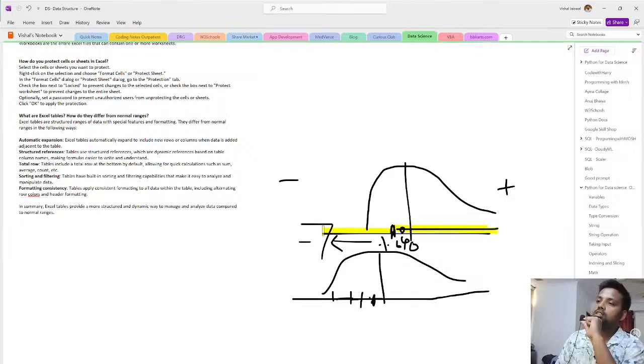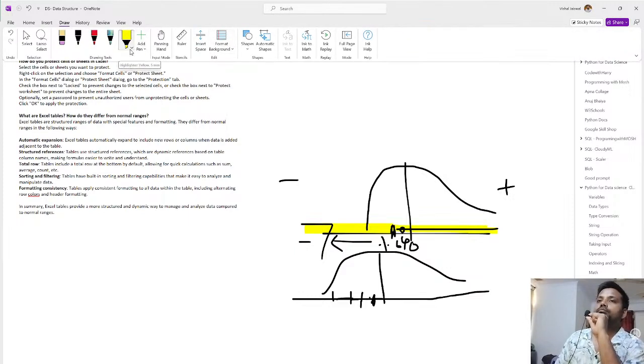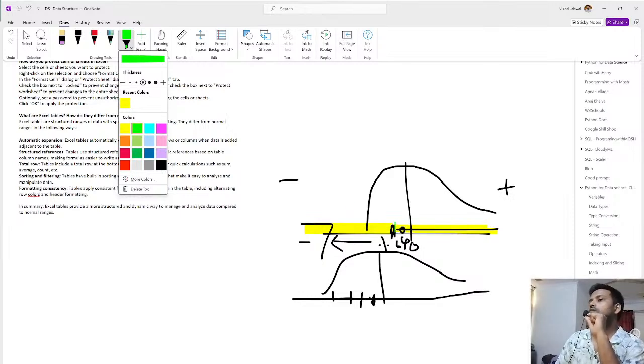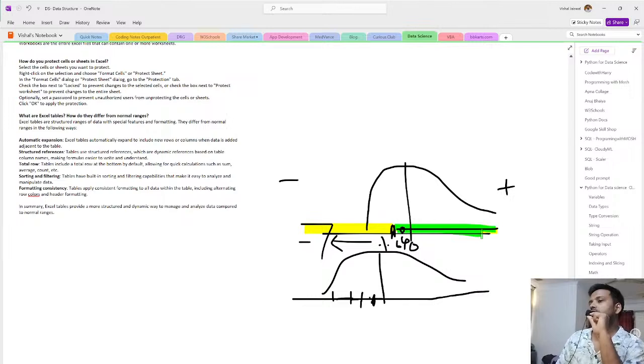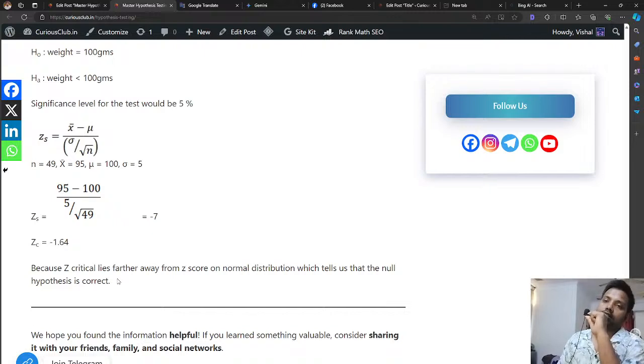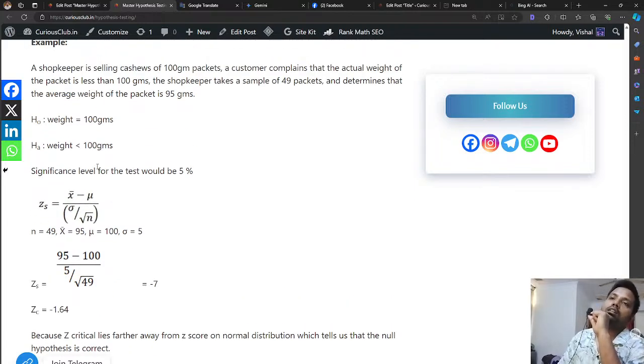But because it comes in this range, which is away from the Z critical, I am taking this as the rejection. This green area is where we would have accepted the alternative hypothesis. Here we are denying. Because this is minus 7, farther away from the point we calculated, we are concluding that the alternative hypothesis is incorrect and the null hypothesis is correct.